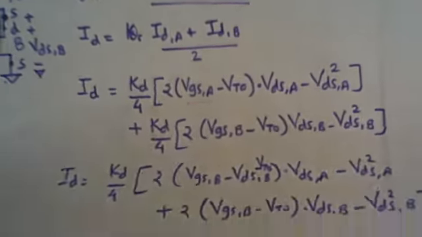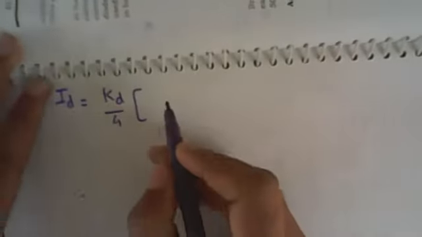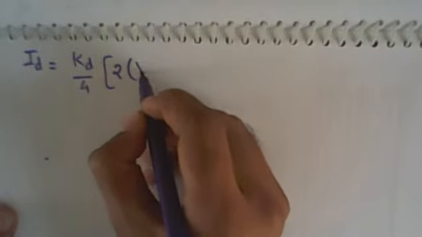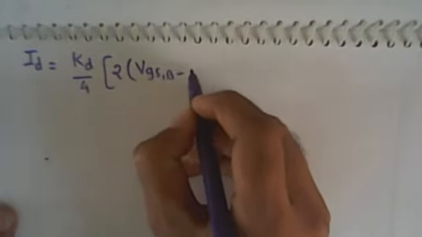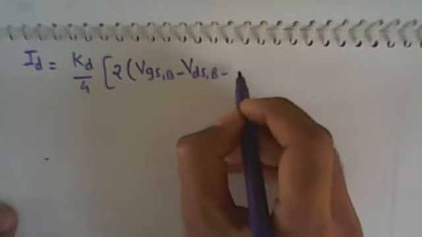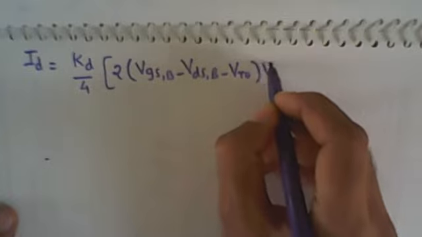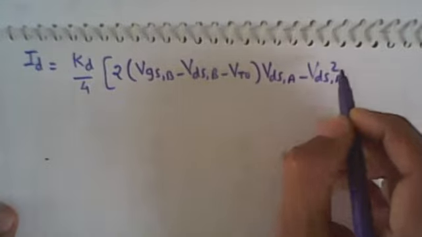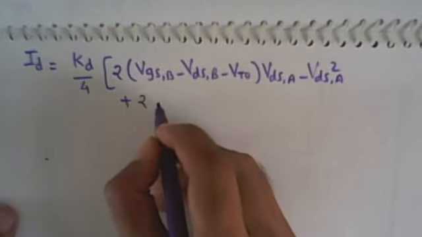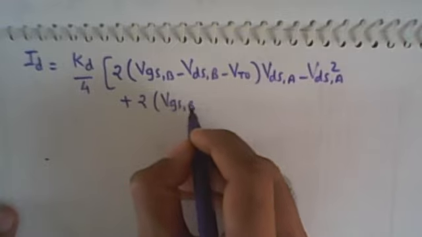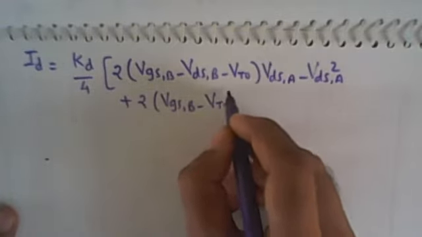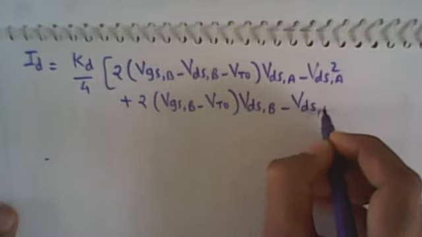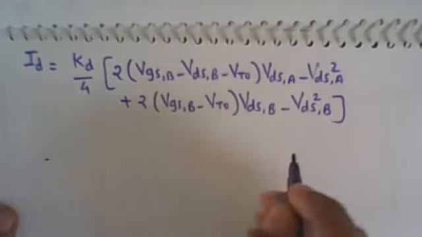Yes, correct. Thank you. So let's write the same equation here, then we'll start simplification. So VGS of B minus VGS of B minus VTO into VDS of A minus VDS of A square, plus 2 times of VGS of B minus VTO into VDS of B minus VDS of B square. Right.